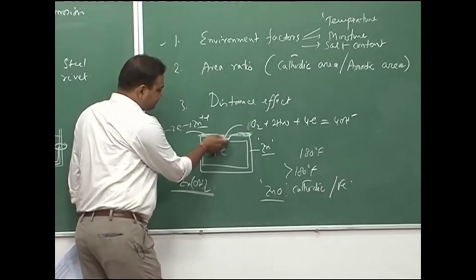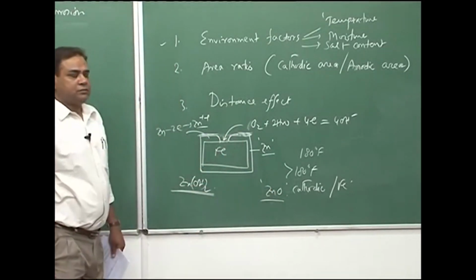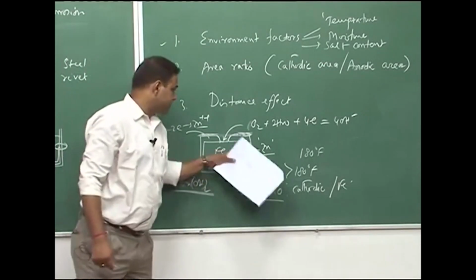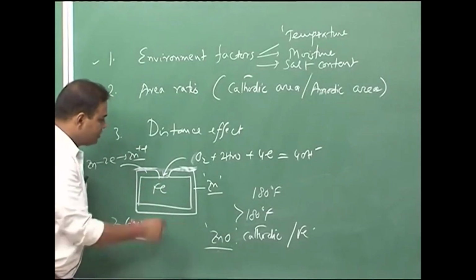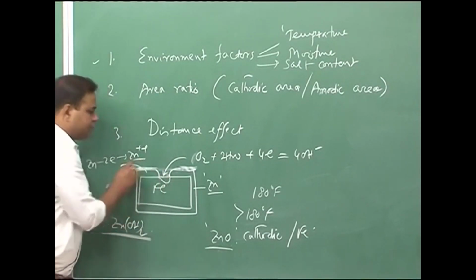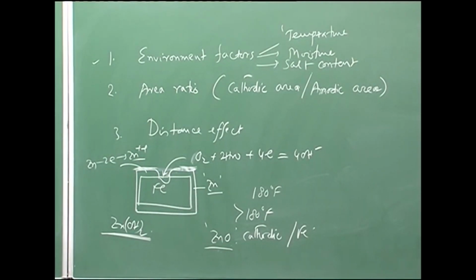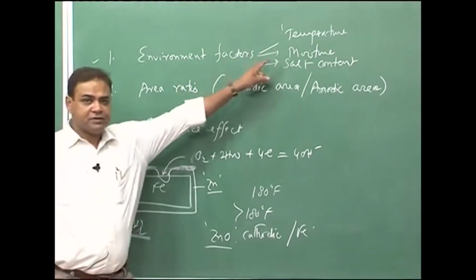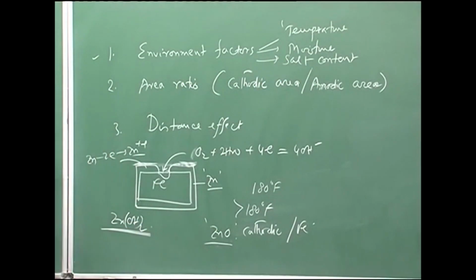Then the iron surface will act as anode and the zinc oxide will act as cathode. So, the corrosion will happen in the iron, and we will not get any protection. This process is dependent on temperature, and this is happening because there is a reversal of polarity.